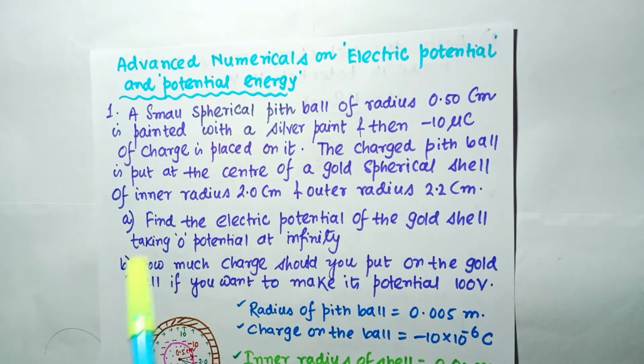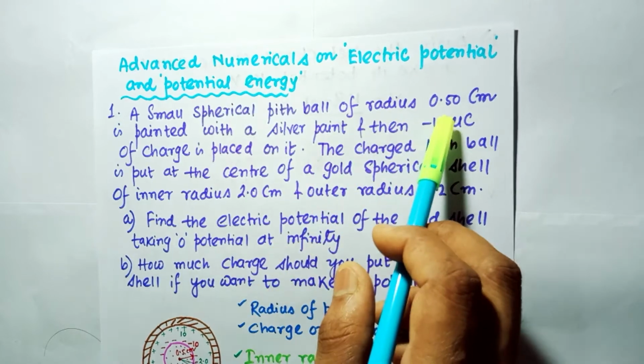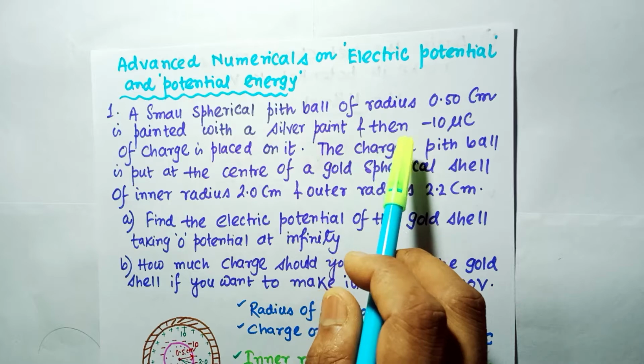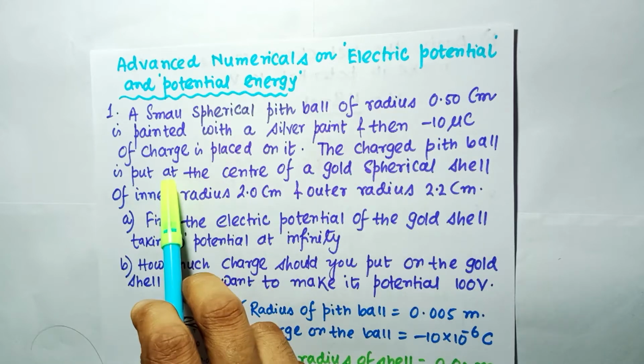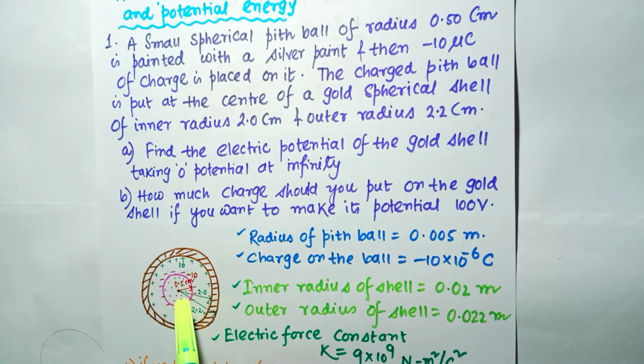Our first problem states: a small spherical pith ball of radius 0.5 centimeter is painted with silver paint and then minus 10 microcoulomb of charge is placed on it. You can see this is the small spherical pith ball of radius 0.5 centimeter, and over the whole sphere there is minus 10 microcoulomb of charge.